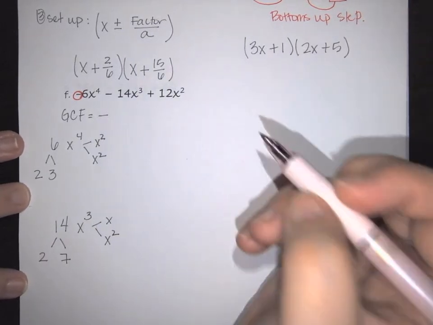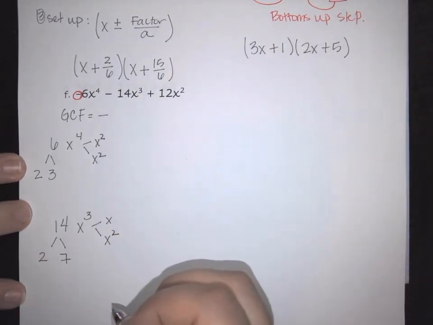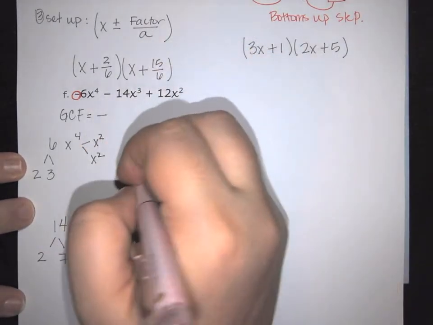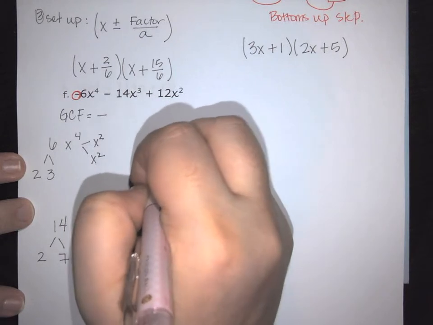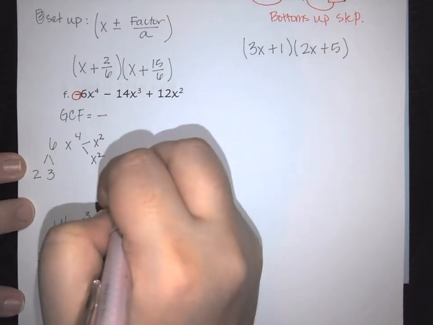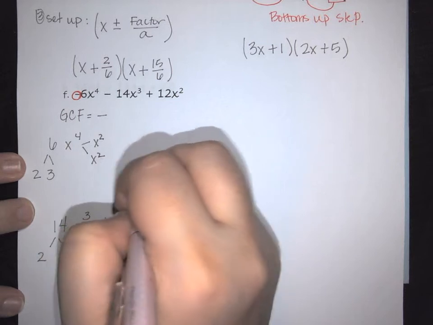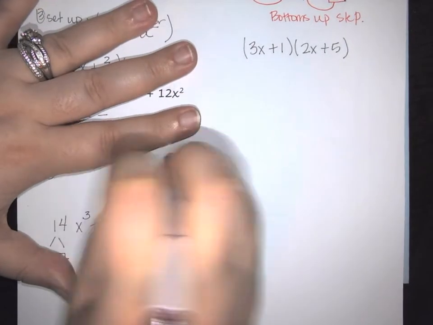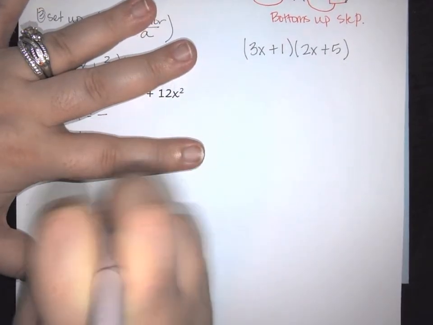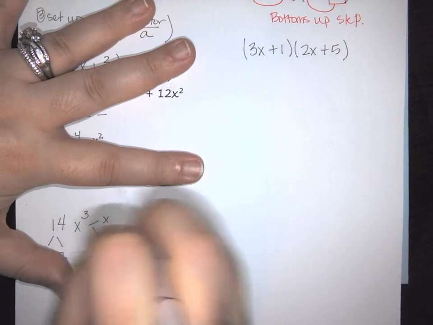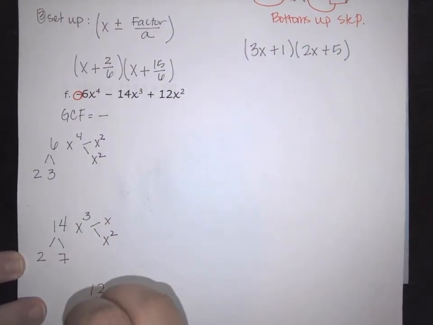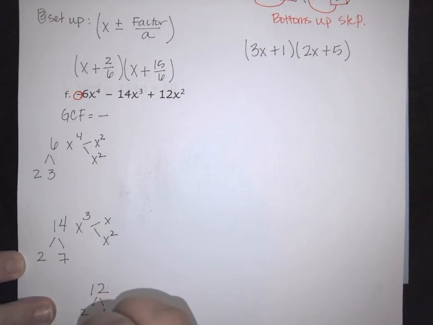And then the last one I have is a 12x squared. So here this can become a 3 and a 4, and my 4 breaks down to 2. So we know 12 can be 2 and 6, which can break into 2 and 3, and then this is x squared.